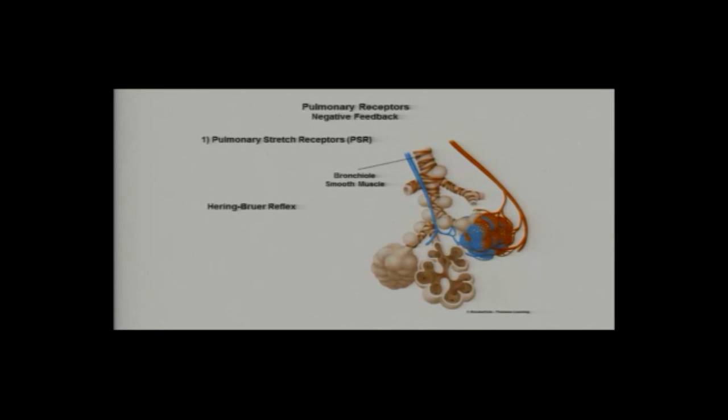So these pulmonary receptors are responsive to basically two types of stimuli, stretch and irritation. Stretch happens when the lungs inflate. When the lungs expand, the airways open up, they dilate, and you get stretch.